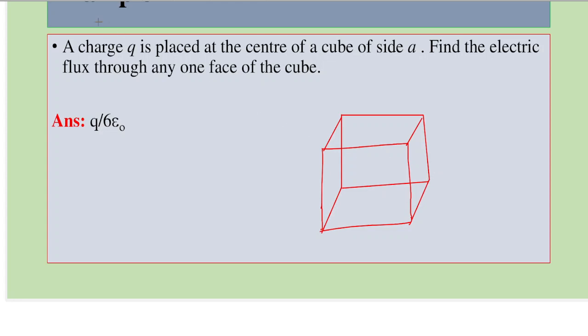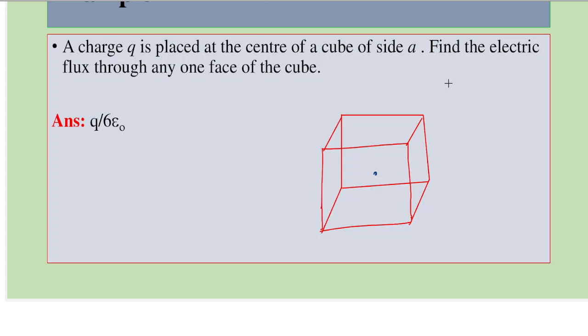At the center of this cube, a charge is placed, and the side of the cube is given as A. The question says find the flux through any one face. Now we know that a cube contains 6 faces. Think of your room. The room contains 6 surfaces: 4 walls, 1 floor, and the roof.